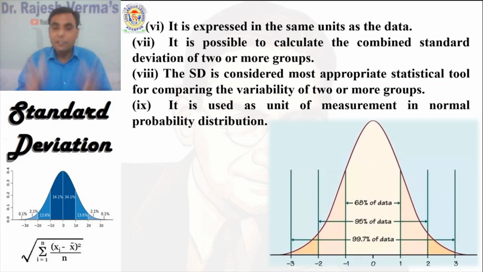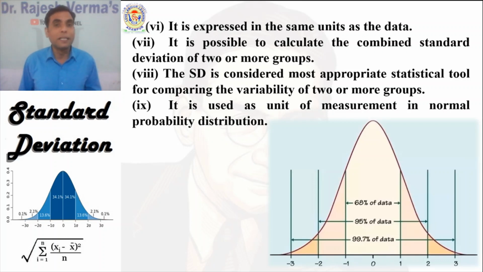What does it indicate? If your score falls between plus and minus one standard deviation, then you can say that 60% of data falls here. So this is a very, very important point, that SD is the unit of measurement of the normal probability curve or normal probability distribution.